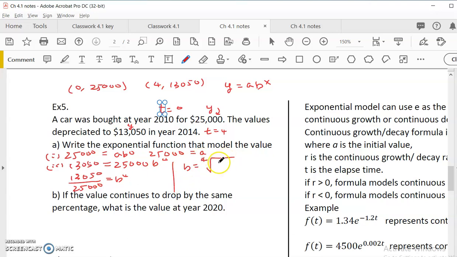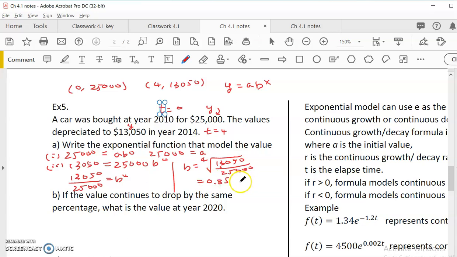And then to solve for B, I do the fourth root. Again, if you have to use decimal to do it, you do to the power 1/4, okay? 13,050 over 25,000. So that would equal 0.85, right?